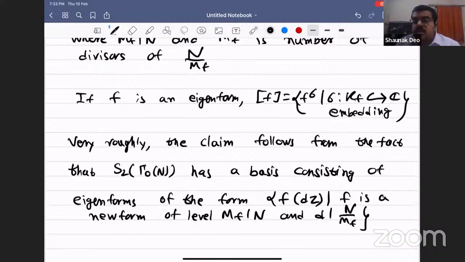So basically you can just take newforms, you can bump their levels, and that's how you get the eigenform basis of S2 of gamma naught of n.